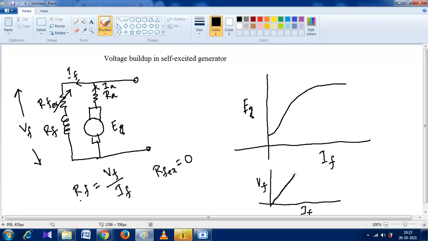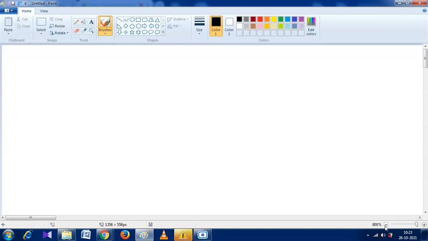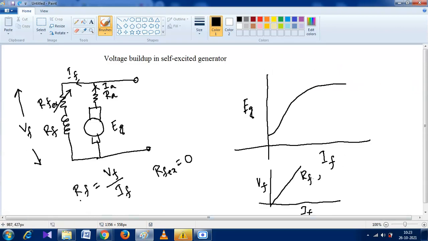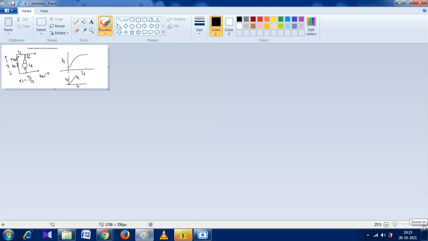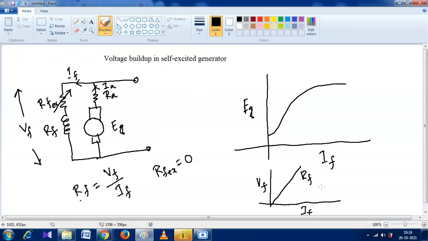Like a straight line, because from Ohm's law, when we plot voltage against current, it is a straight line. What will we call this? Field resistance curve. This is called the field resistance curve.